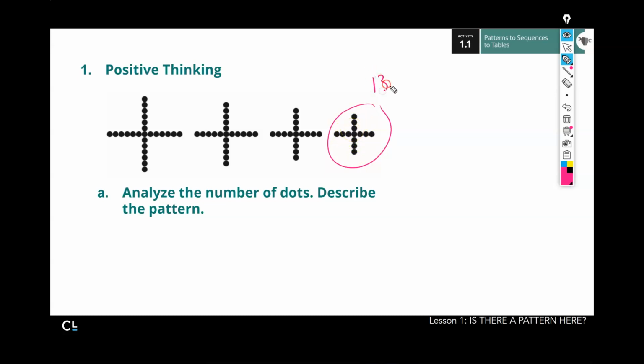Has 13 dots. The one before it should have 4 more. 1, 2, 3, 4, 5, 6, 7, 8, 9, 10, 11, 12, 13, 14, 15, 16, 17. 17 dots.